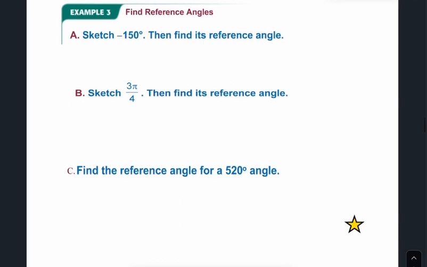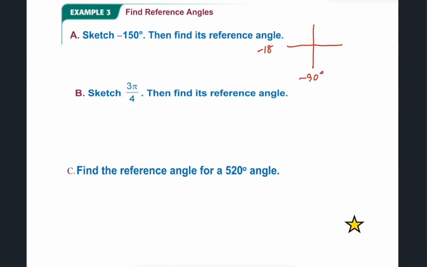So let's just practice doing a few. It says to sketch the angle and then find its reference angle. So let's do the first one. It says negative 150. So here's the negative direction. Here is negative 90.